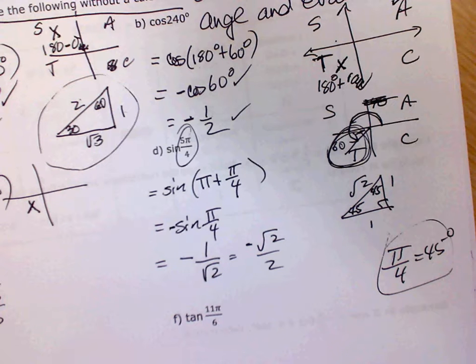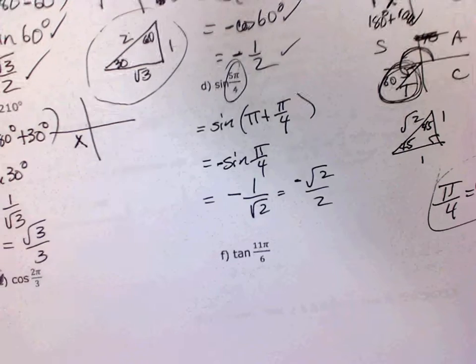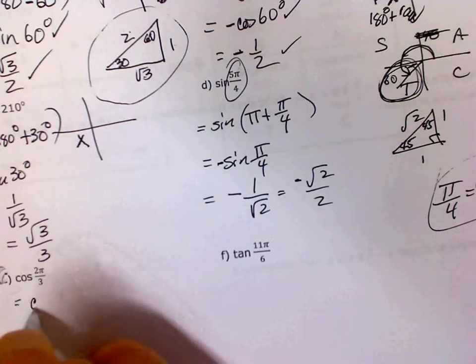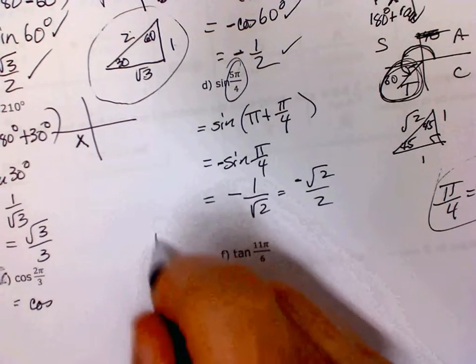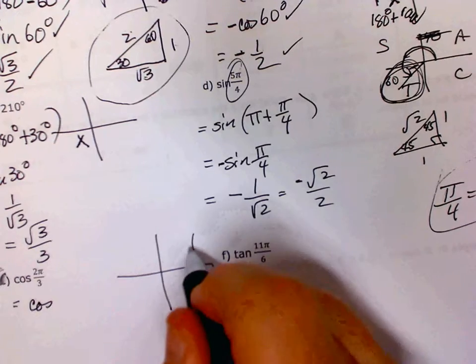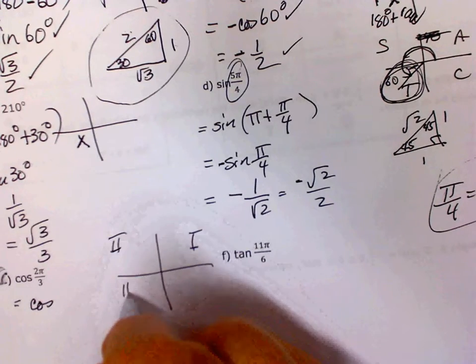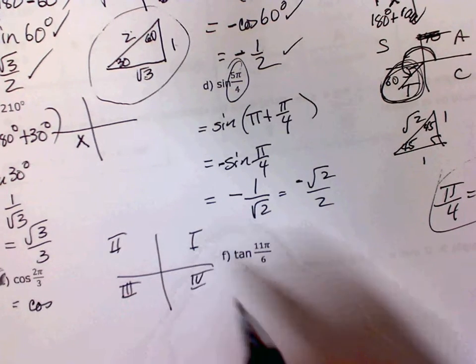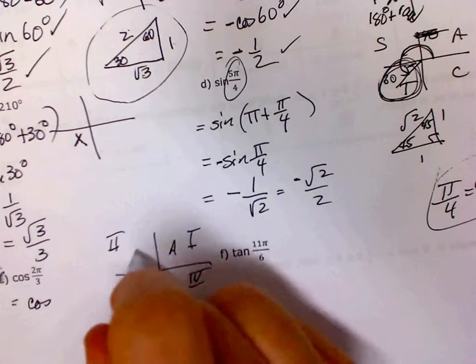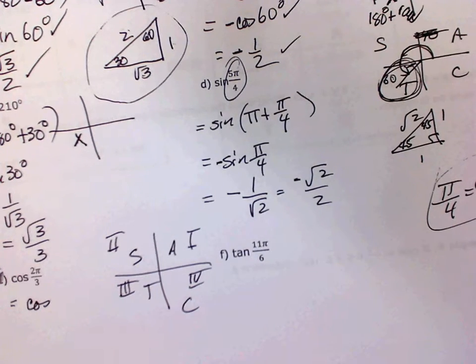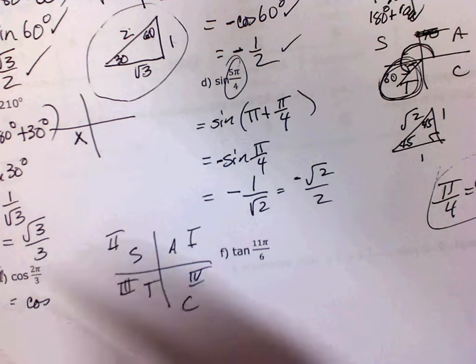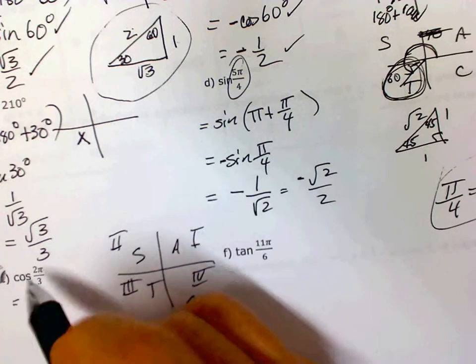Okay, tell me, what is this? The cos of 2/3 pi will end up in quadrant 1, 2, 3, or 4. 2 pi by 3, what quadrant is it in? Well, pi by 3 is equal to how many degrees? 60, right?